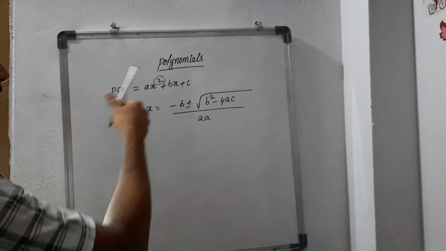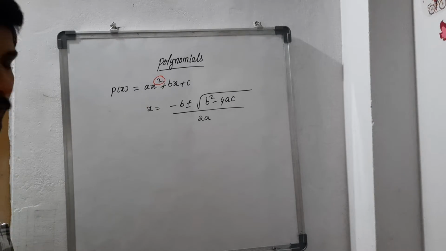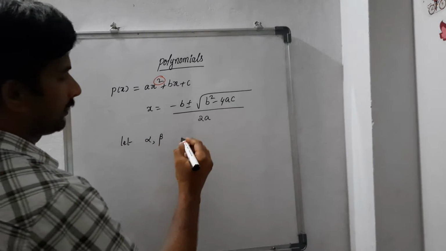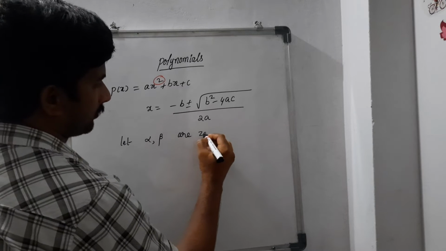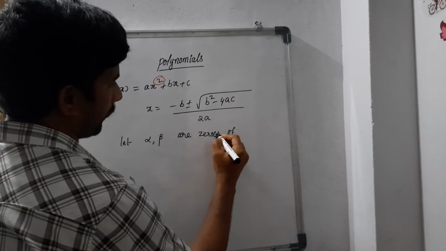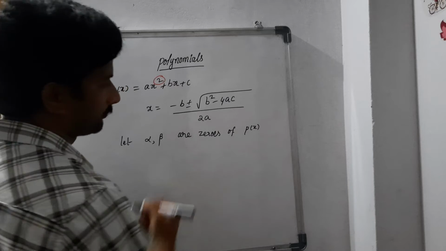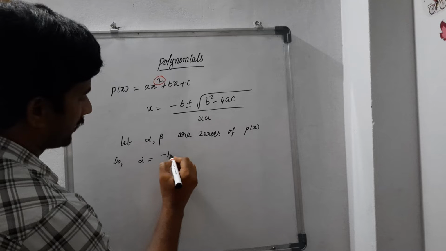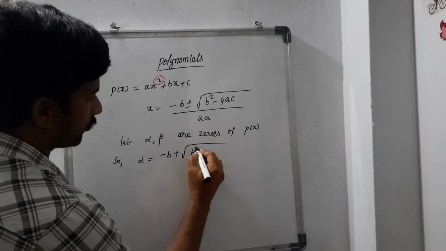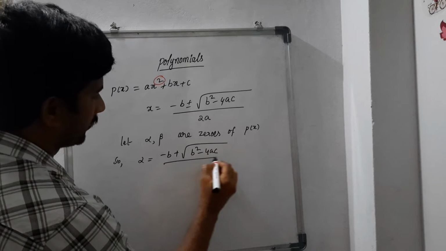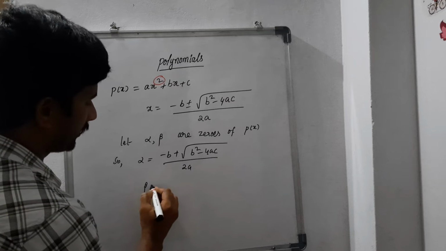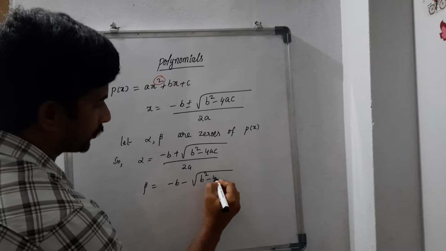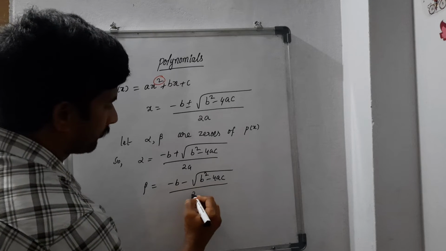Let those two zeros be alpha comma beta, the zeros of p of x. Then alpha is equal to minus b plus root over b square minus 4ac by 2a, and beta is equal to minus b minus square root of b square minus 4ac by 2a.